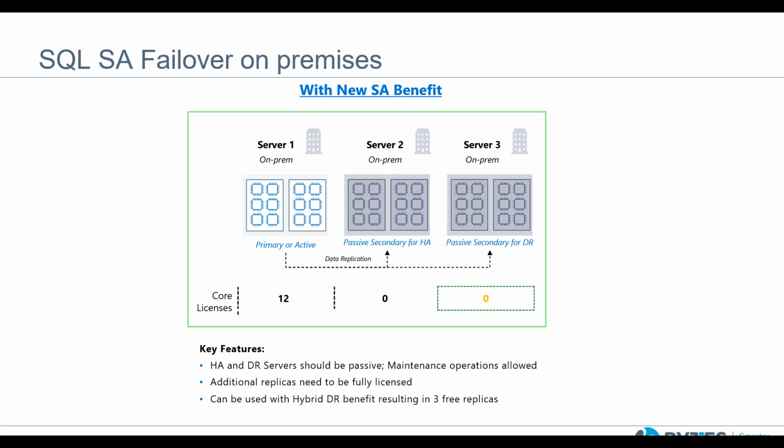That also entitles us to run a passive secondary instance and not pay for those licenses if we have software assurance. It also allows us to create a DR of that passive, and again, doesn't cost us any license. We are only paying for the active node in this scenario.